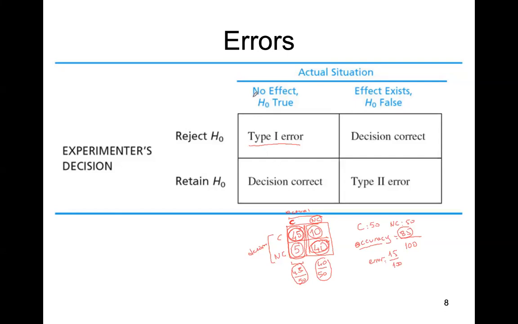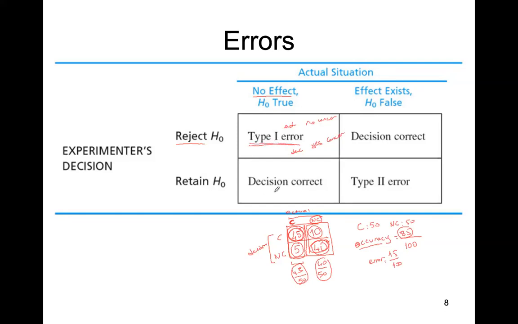Actually, there is no disease, but I say there is a disease. Actually, no cancer, but what we decide is yes, cancer, right? The person has a cancer. This is type 1 error.